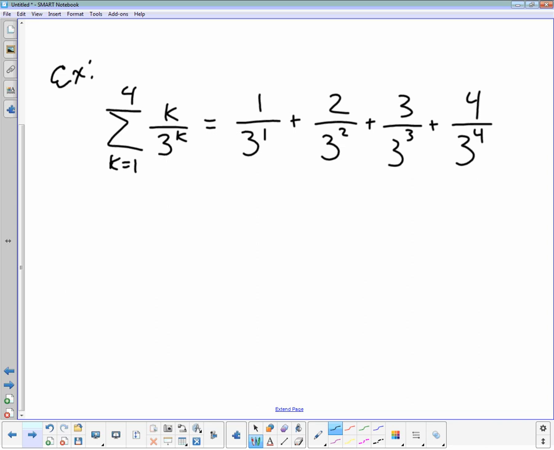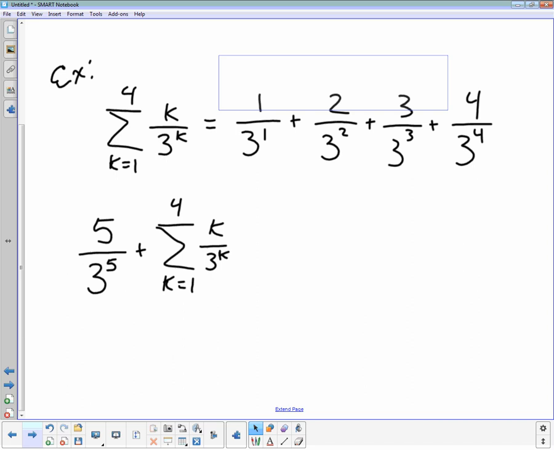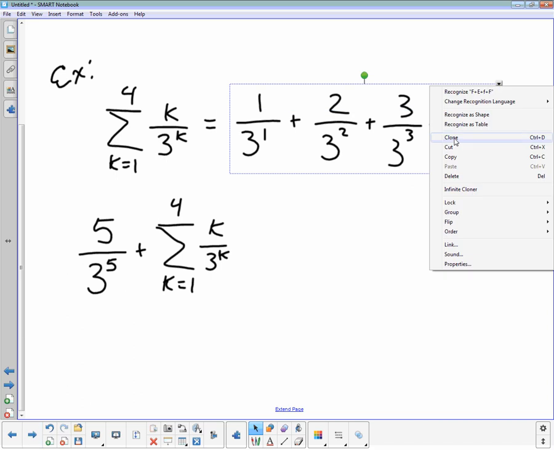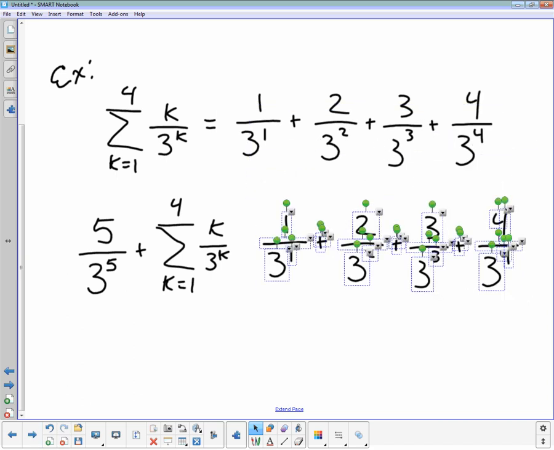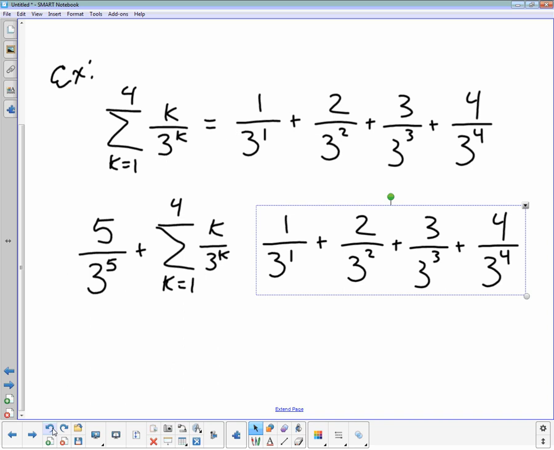So if I do 5 over 3 to the fifth plus my sigma notation, you see, now what I've got, I'm going to see if I can give myself some room here.